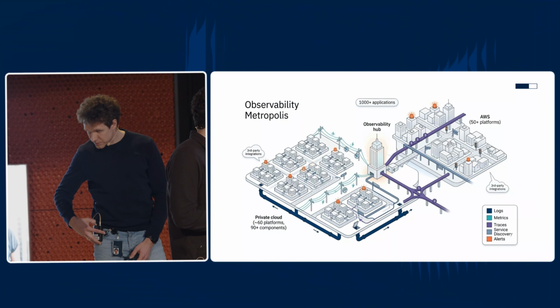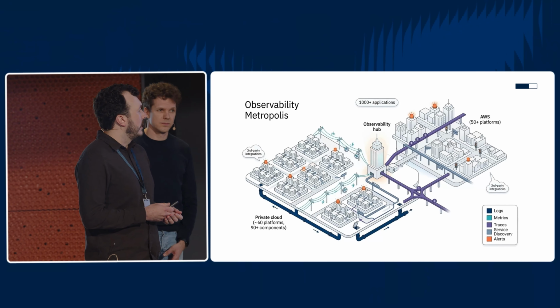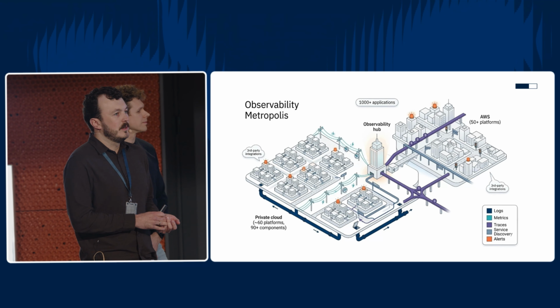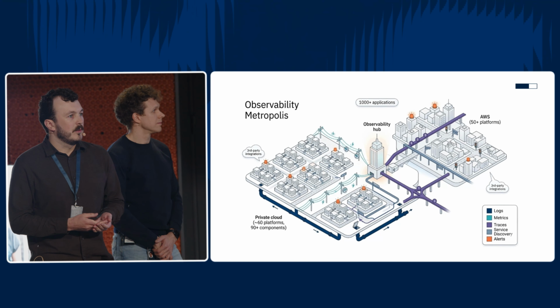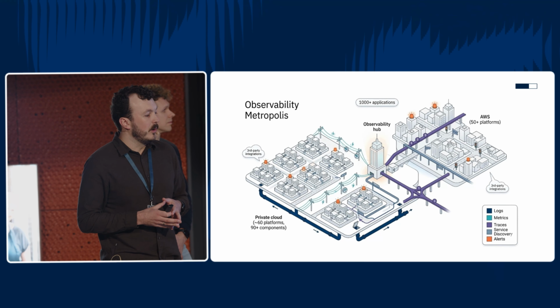In Danske Bank, we have around 60 different platforms and 90 components. Each of those components might be a Linux machine or a Windows machine, and those platforms could be an operating system. So the platforms consist of the components.